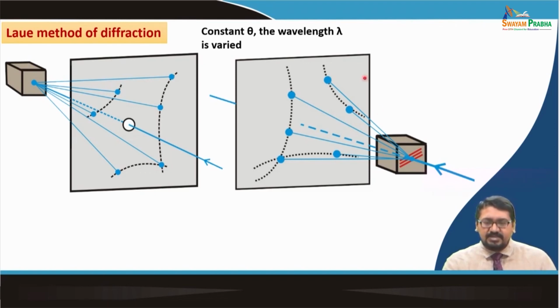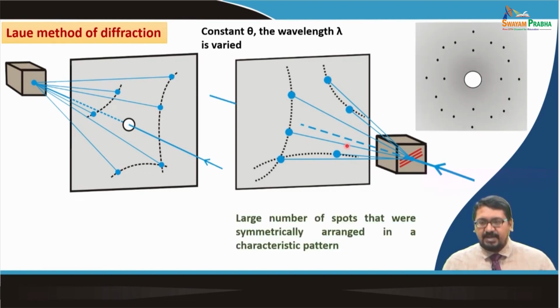A schematic of such a pattern of a certain single crystal is shown here. In this manner, a large number of spots that are symmetrically arranged in a characteristic pattern could be observed, and this is known as the Laue method of diffraction.